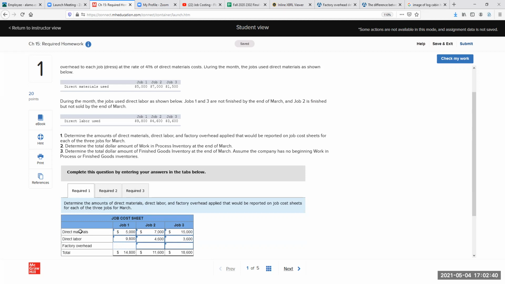So we could base it on materials. We could base it on labor dollars. Now, most of the time in manufacturing, the last 100 or so years, we've used labor.